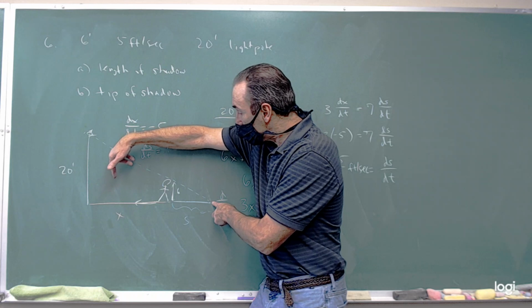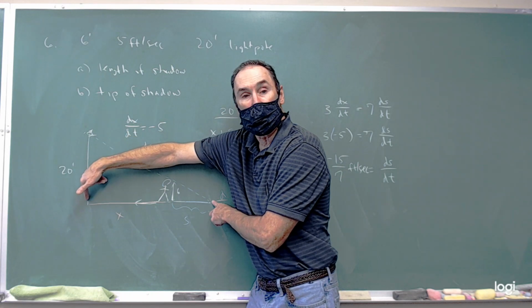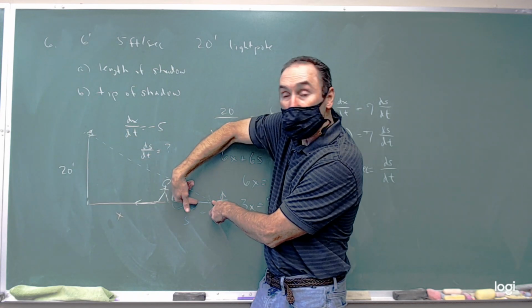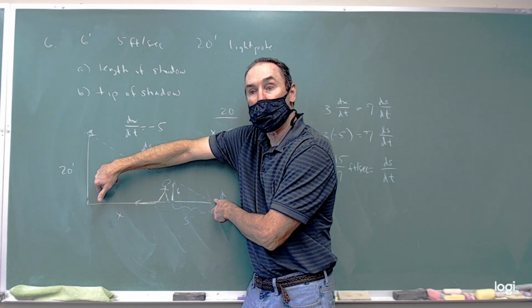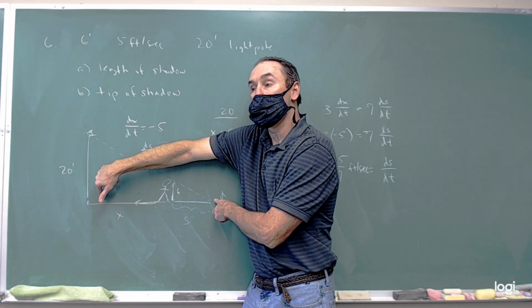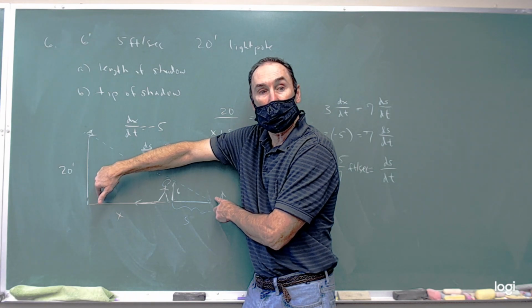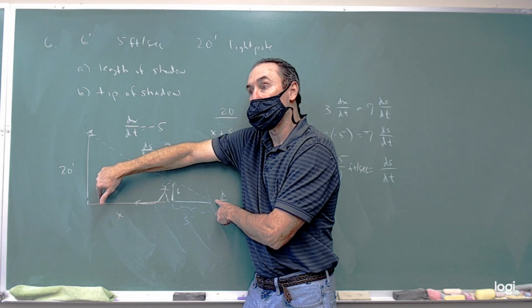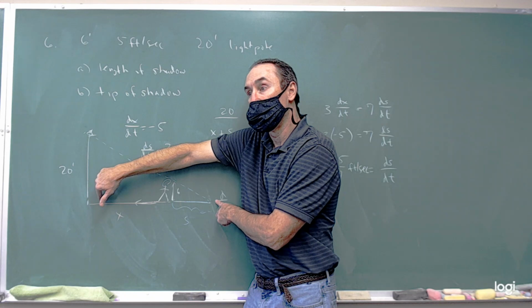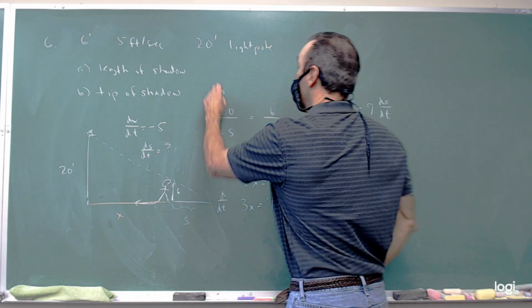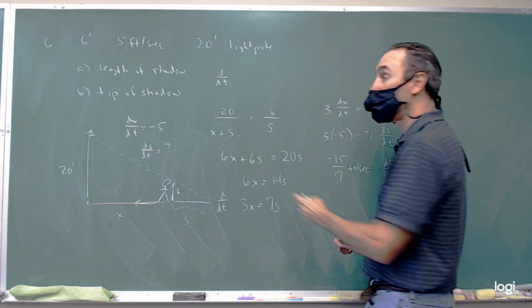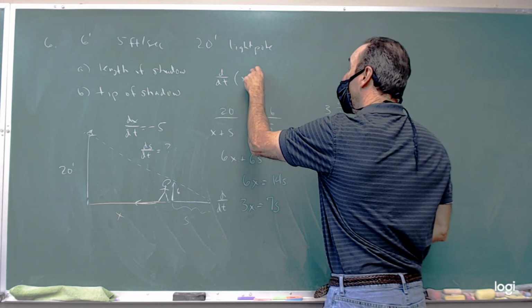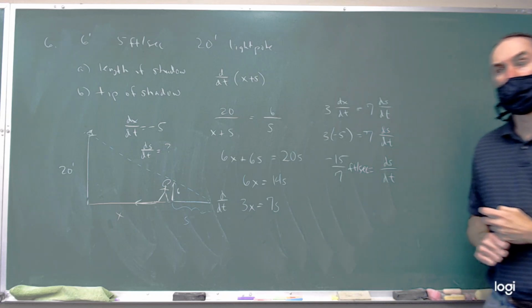So the tip of the shadow is this distance right here. It's the x plus s. So to say how fast the tip of the shadow is moving is to ask what is the rate of change of this distance right here. That is, what is the derivative of x plus s?